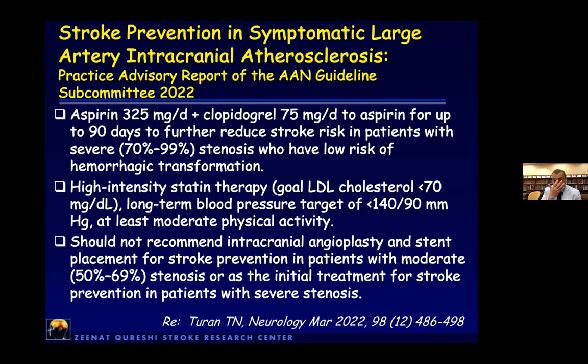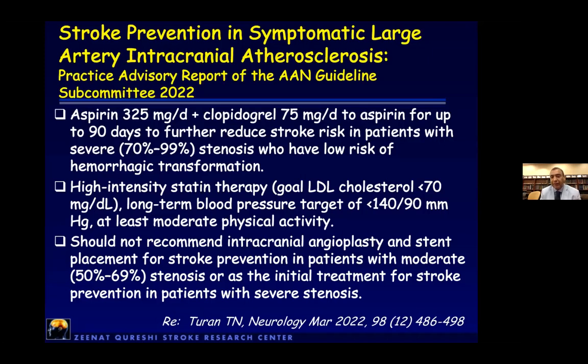They are also recommending high intensity statin therapy. And the goal is really to maintain LDL cholesterol less than 70 milligram per deciliter, not the standard less than 100 milligram per deciliter that we've been used to, but actually less than 70 milligram per deciliter. They're also recommending blood pressure treatment, maintaining the blood pressure to a value of less than 140 by 90 millimeter of mercury, and also recommending other preventive cardiovascular strategies such as moderate physical activity.